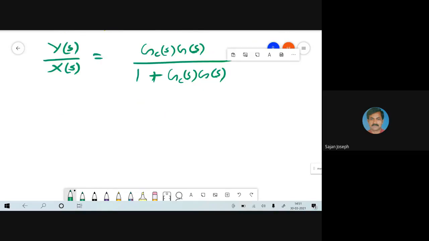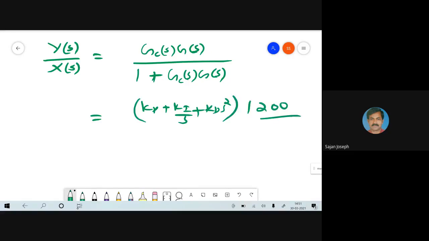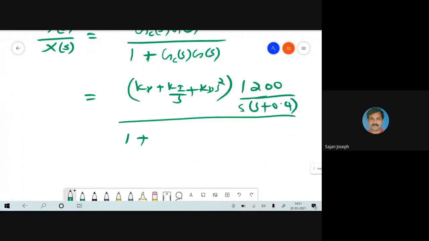So GC(s) is Kp plus Ki by s plus Kd s, into 1200 divided by s into (s plus 0.4), divided by 1 plus (Kp plus Ki by s plus Kd s) times the same. Sorry, it is not Kd square, it is Kd s.